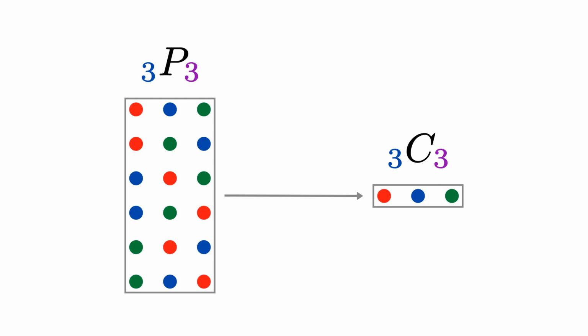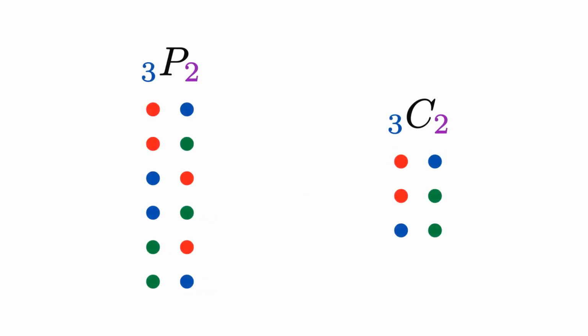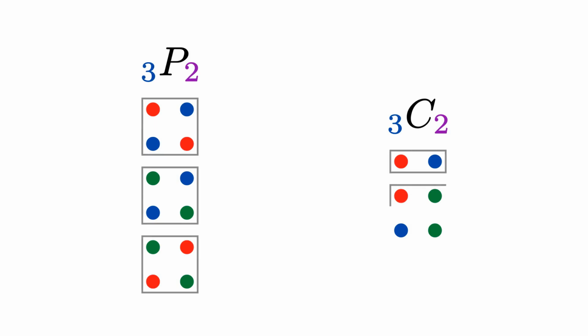Now let's look at our second prompt, where we had to find all the permutations and combinations that we can form with 2 out of 3 colors. With this one, we formed 6 permutations and then 3 combinations. With the permutations, we're going to group all the arrangements that contain the same colors together. Notice that each of these groups maps to one combination each.